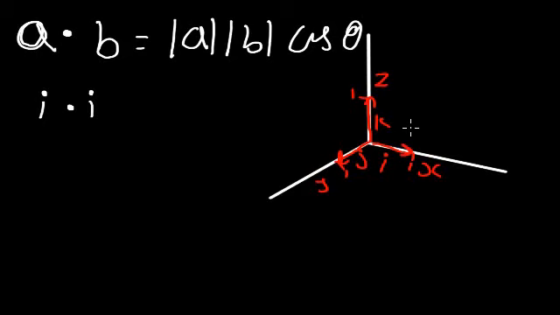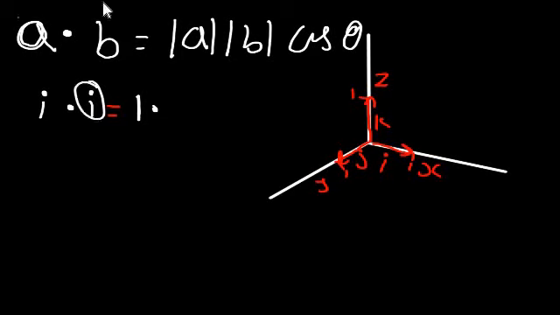Now I want to find the product of the unit vector i being multiplied by itself. What will be the result? It turns out that the result will simply be the magnitude of the first vector. However, the magnitude will be 1, because for every unit vector, the magnitude will always be 1.